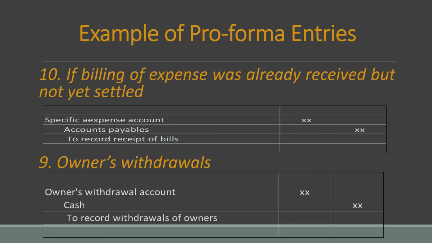So, yan yung ilan sa mga proforma entries na pwede nyong tandaan for you to have an idea kapag yan yung mga specific transactions na nangyari. Okay? I hope naintindihan natin kung paano yung accounting process or accounting cycle.